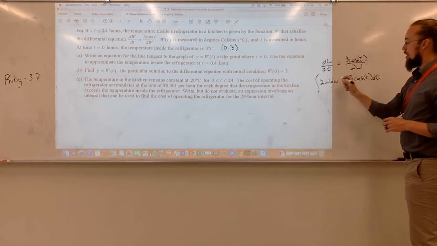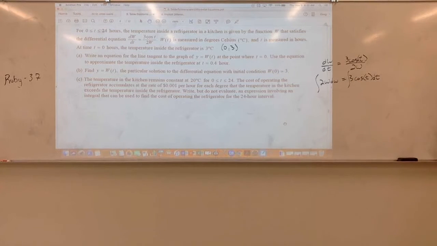Take the antiderivative of both sides. So what's the antiderivative of 2W dW? What's the antiderivative of 2x? It would be x squared, right? If we've got 2x, I would add 1 to the exponent, and then take the old coefficient over the new exponent.